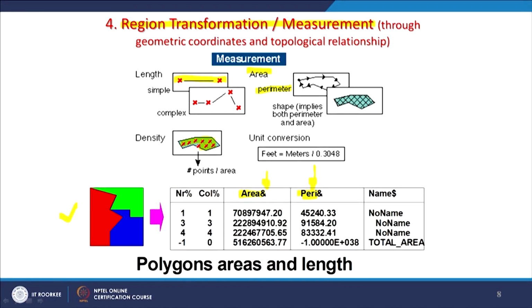This example has just 3 polygons in a map, but in real scenarios a map may have thousands of polygons, and manually it is not possible to calculate area or perimeter, and that too accurately. But if we involve GIS, then definitely these measurements can be done very easily for even thousands of polygons within a theme.